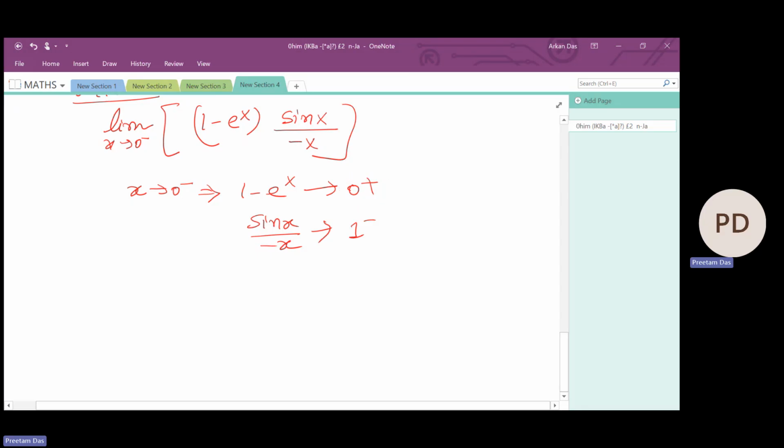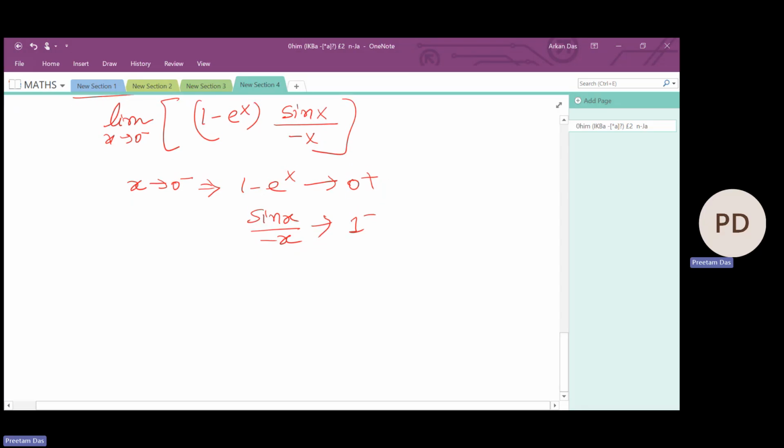Two quantities which are still 0 point something, and you are multiplying them, so that will be still 0 point something. Again, one minus symbol is there. So the quantity which is here now shifts here, because of this minus symbol. So what will be the left hand limit of this quantity? Very close to 0 from the left hand side, minus 1.